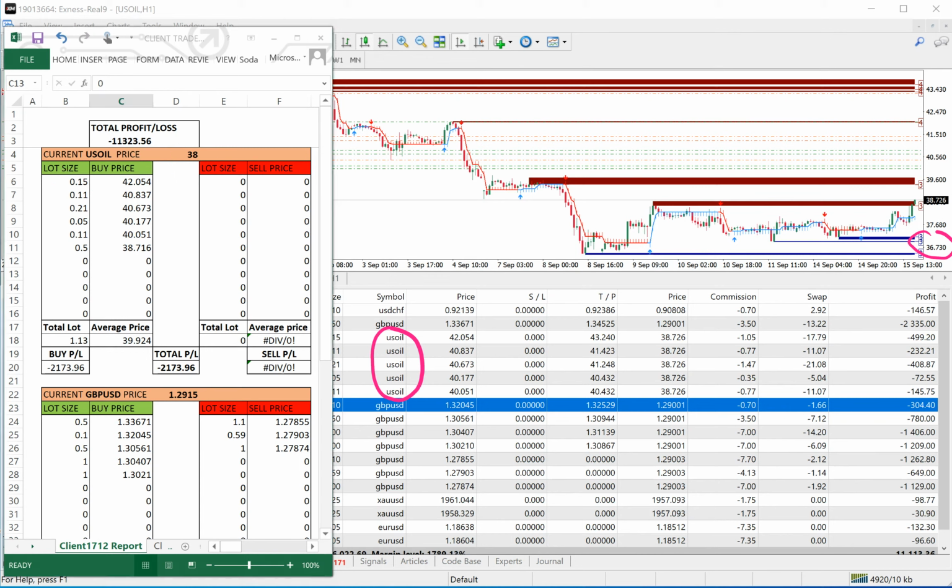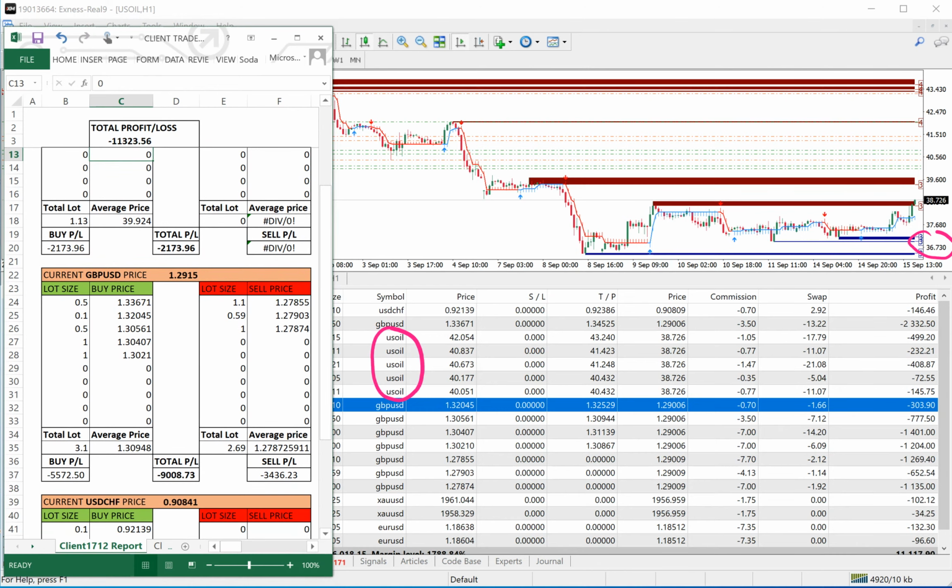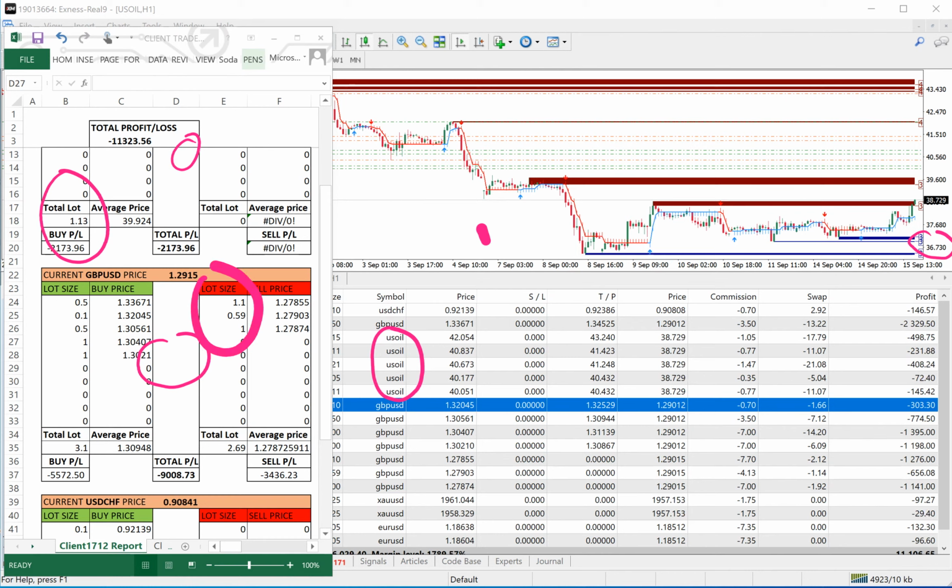Another position held by the client is GBPUSD. We will analyze that with the same pattern. We can see that he traded buy as well as sell.